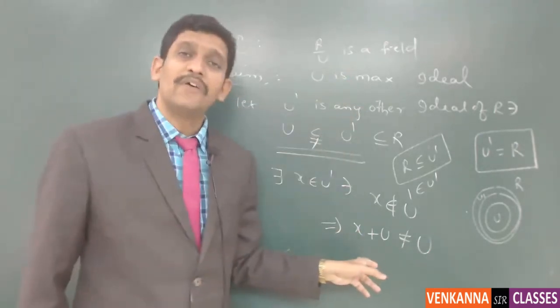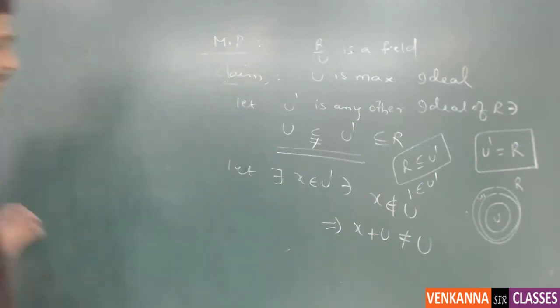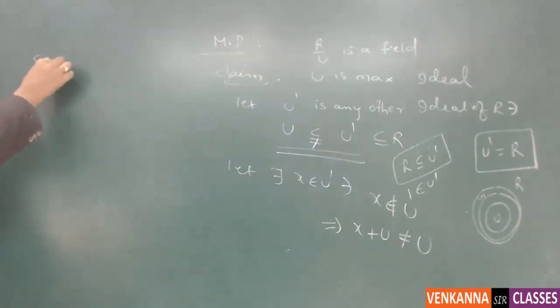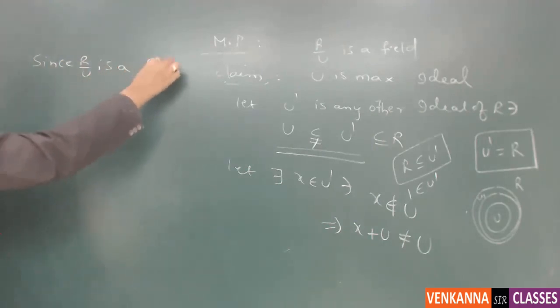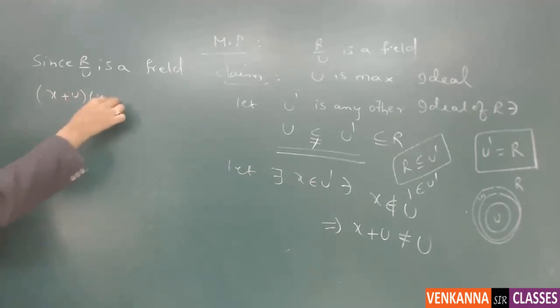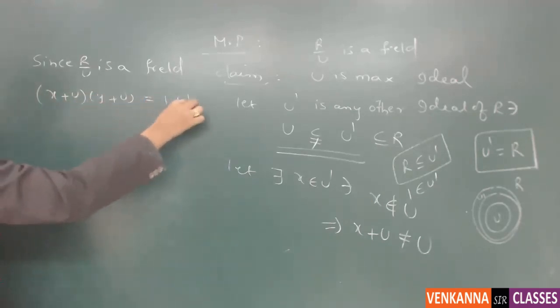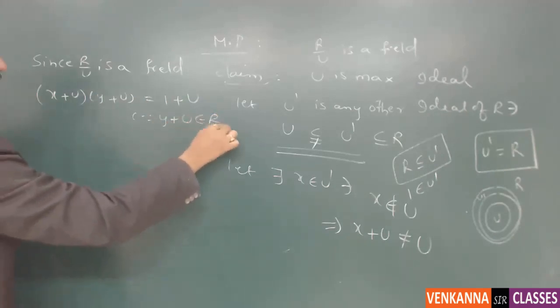So whenever you take a non-zero element, it possesses an inverse. So since R/U is a field, you can say (x + U)(y + U) is equal to the identity, where y + U belongs to R/U.